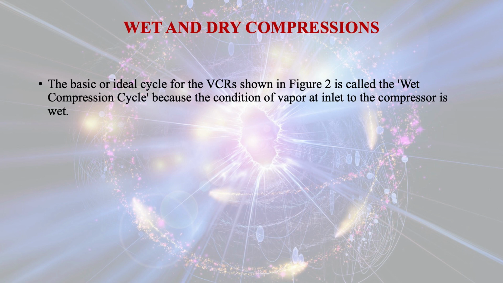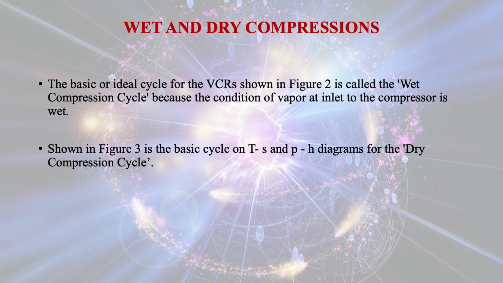Now let us talk about wet and dry compression. The basic or ideal cycle for vapor compression refrigeration system shown in figure 2 is called the wet compression cycle, because the condition of vapor at inlet to the compressor is wet. Shown in figure 3 is the basic cycle on T-s and p-h diagram for the dry compression cycle.